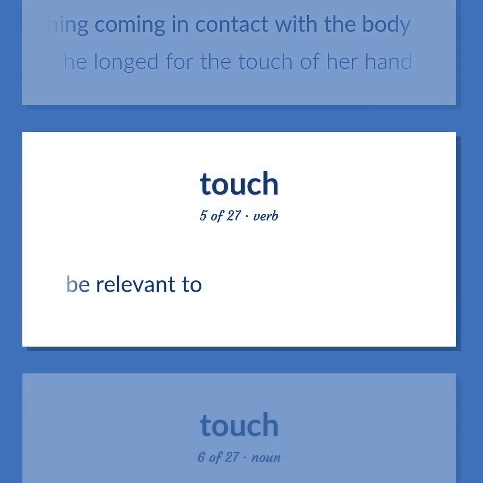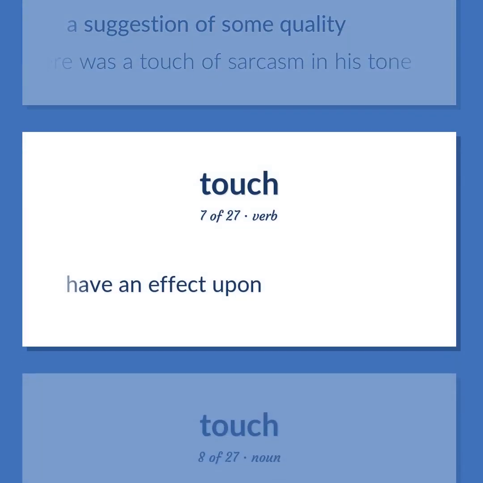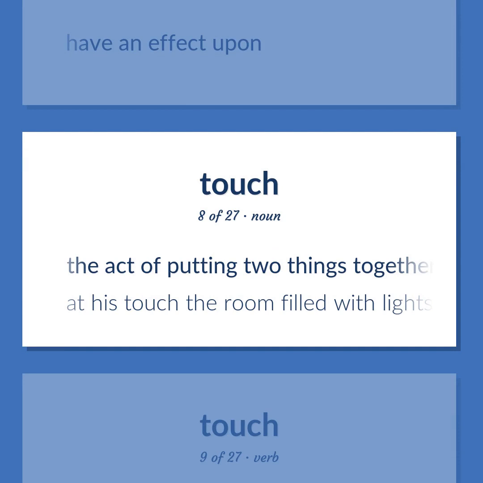Be relevant to. A suggestion of some quality. There was a touch of sarcasm in his tone. Have an effect upon. The act of putting two things together with no space between them. At his touch the room filled with lights.